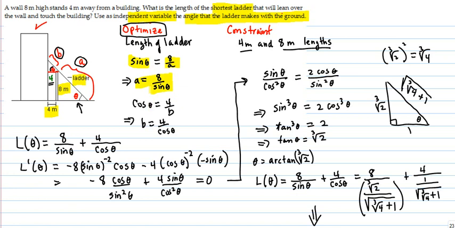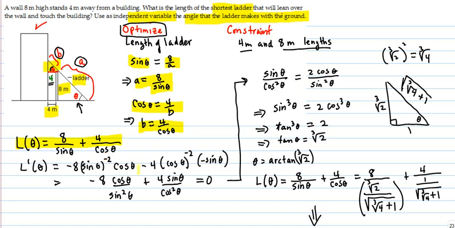Then looking at the small triangle, cosine of theta is 4 over the hypotenuse B, which makes B equal to 4 over cosine theta. So then the length of the total ladder is the sum of those two. There's your length equation, length of the ladder.